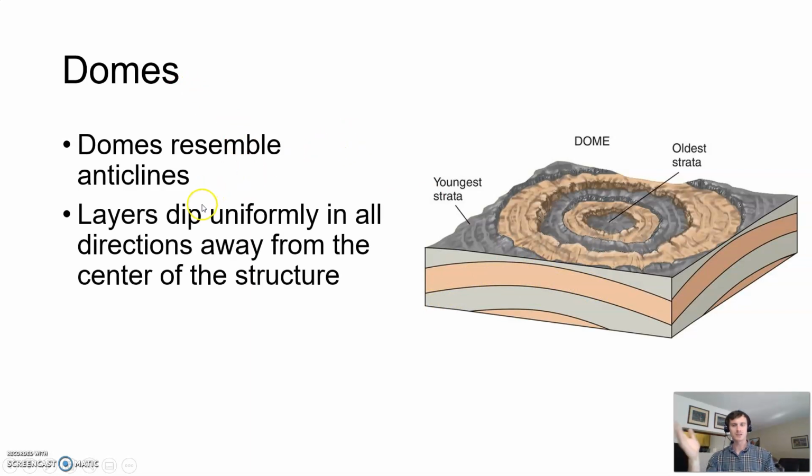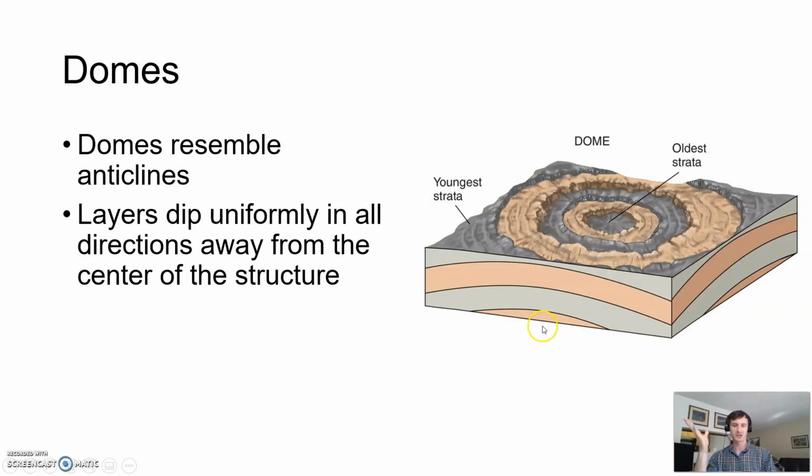So all of our layers dip in all directions away from the center of the structure, just like you would think of the dome on a building or anything else. This is a case where we have oldest strata in the center, just like anticlines. Strata, we're talking about layers, so our oldest layers are in the center here, and then they dip outward and downward in all directions.